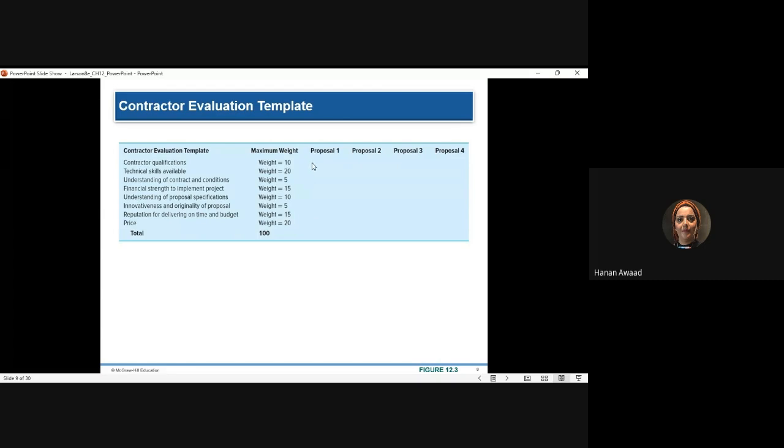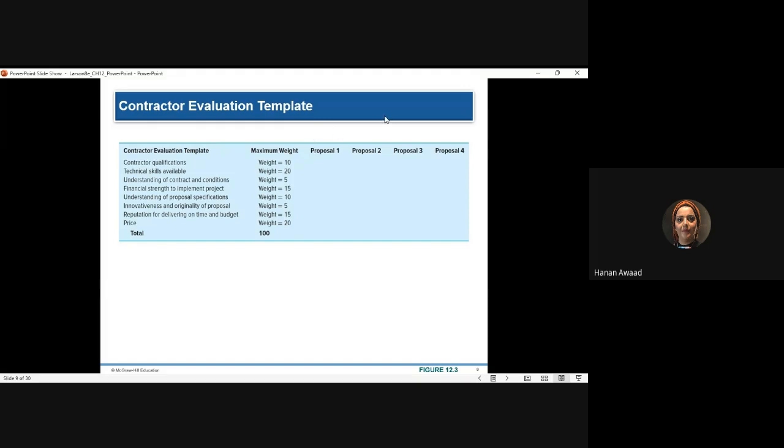For example, let's say 1 to 10. Contractor qualification, 10. So no, let's use another number, 8. Proposal 1, 8, with the weight of this item, 10. So the final score for contractor qualification will be 80.